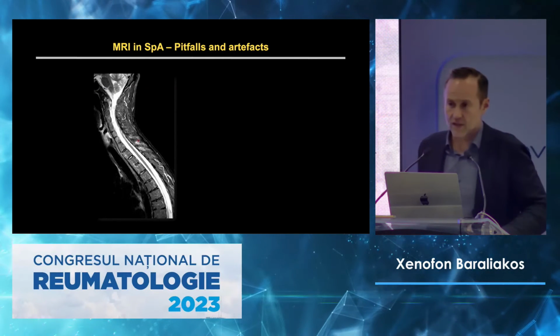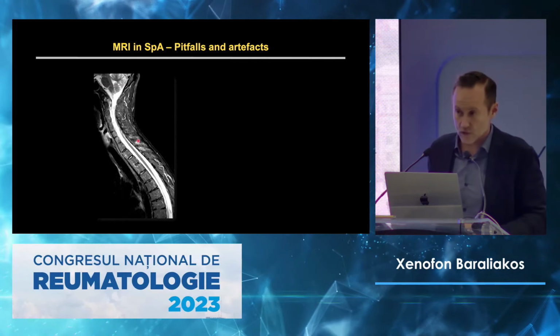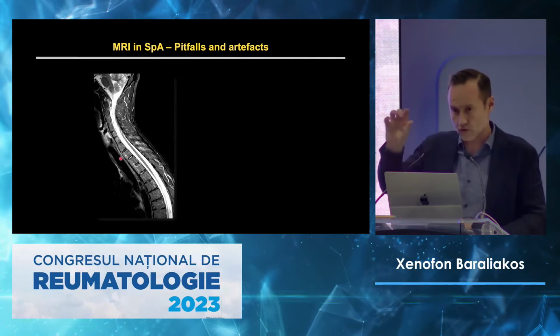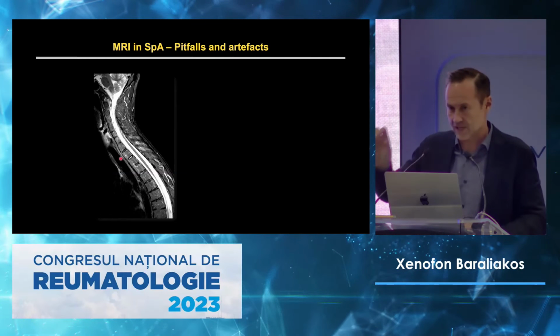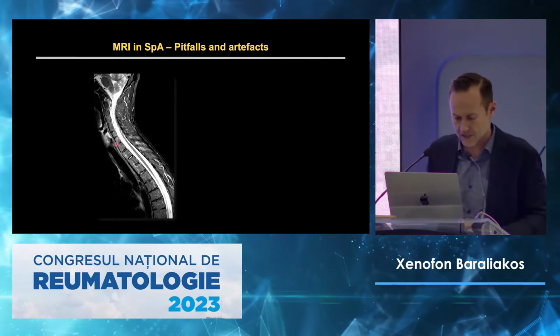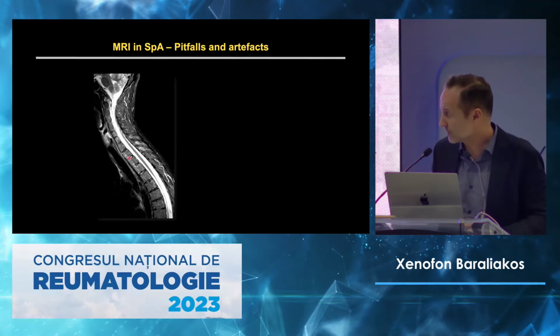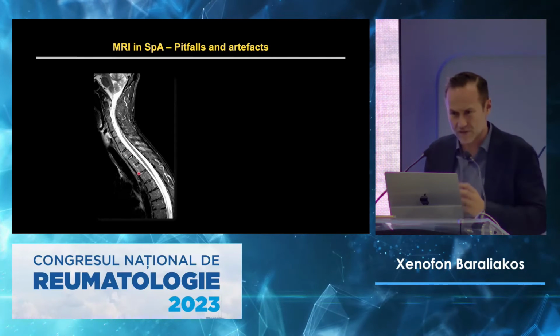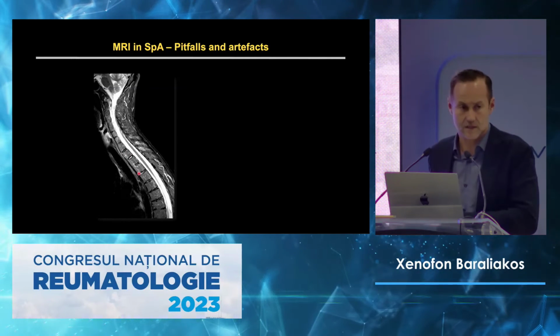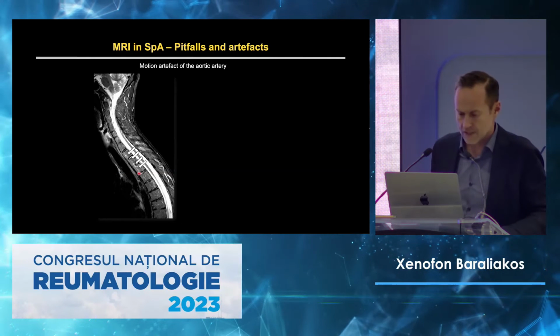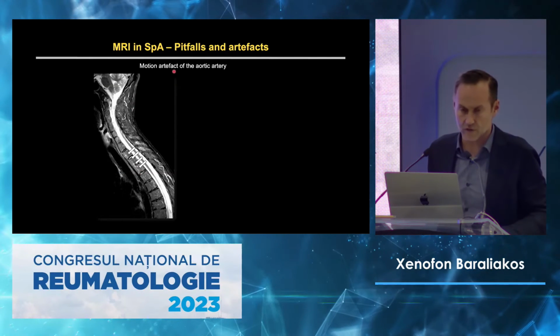The other thing that you also have to take into account when you see these images yourself is that the typical spondyloarthritis lesions do not run like, let's say, a line. Yeah? Look at this here. There is hyperintensity, but this is a bit strange because it's really very nicely going along. This is a typical motion artifact of the aortic artery.